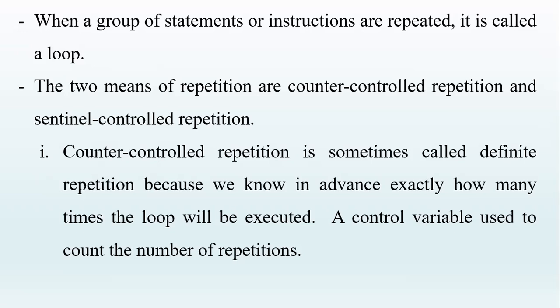Therefore, you are supposed to inform the computer, or the compiler or the interpreter, in advance how many times the repetition takes place. So maybe the first statement would read like, how many students do you want to compute marks for? The person enters 50, and therefore the program will repeat 50 times.